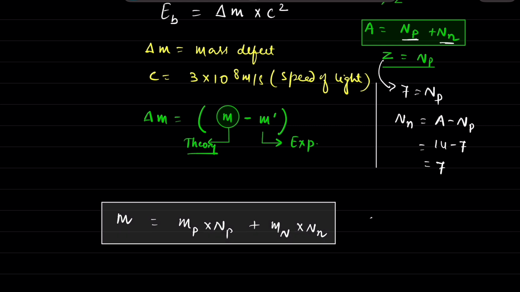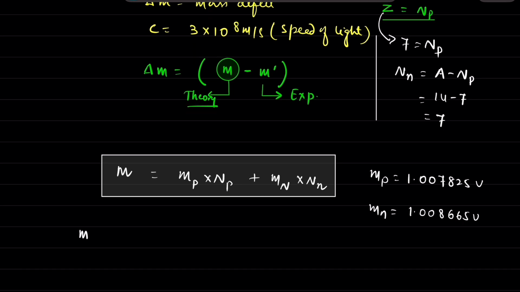So the mass of proton, Mp, its value is 1.007825 U, and the mass of neutron is 1.008665 U. So let's substitute the values: 1.007825 into number of protons, 7, plus 1.008665 into number of neutrons, 7.